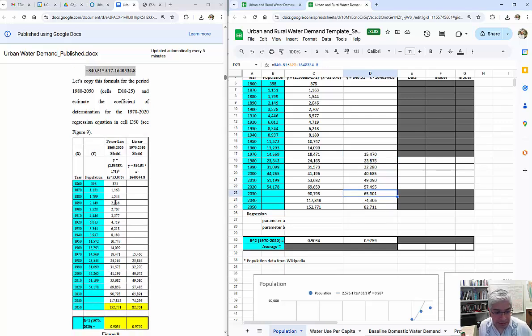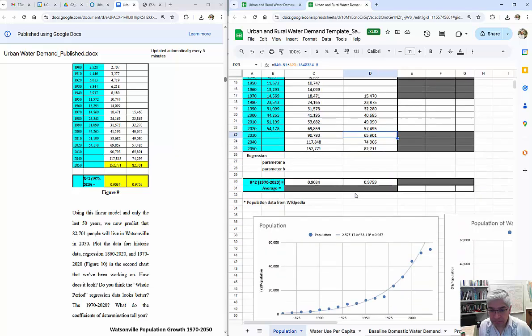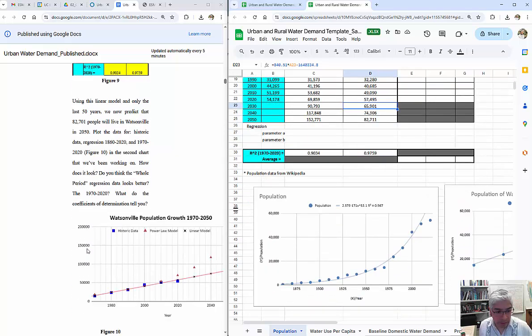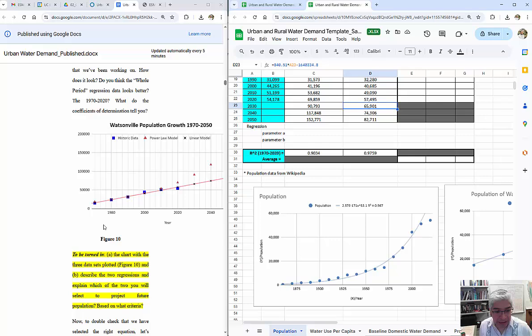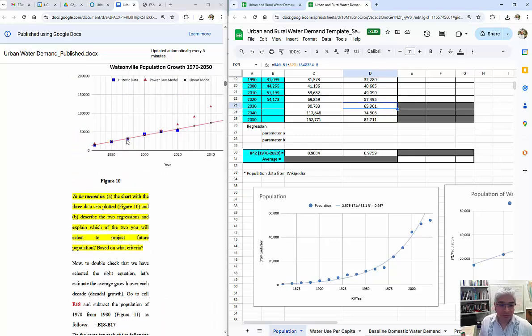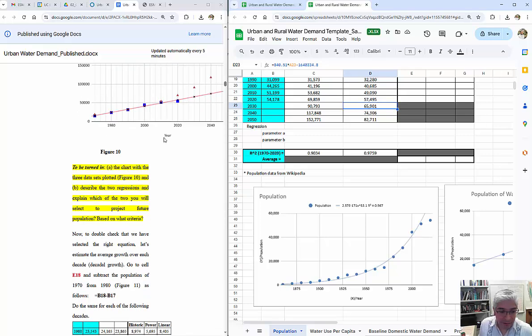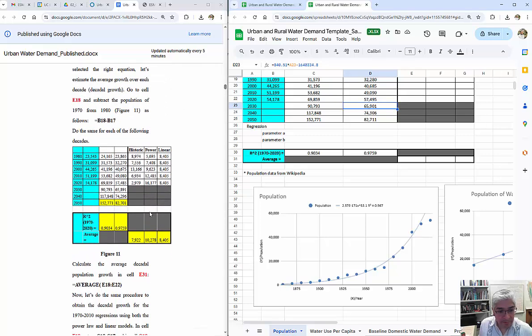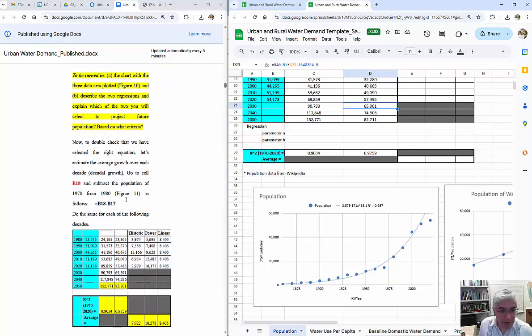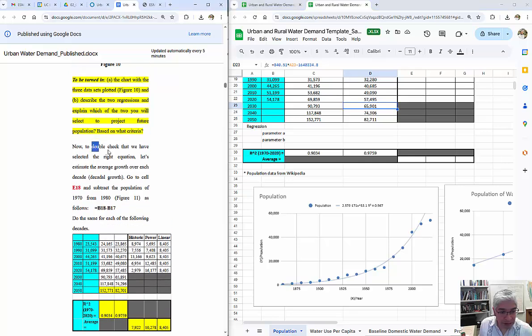Okay, so let's get going. And now that we have that, you will have to submit some of these equations and so on. Now what we're going to be doing is we want to double check.